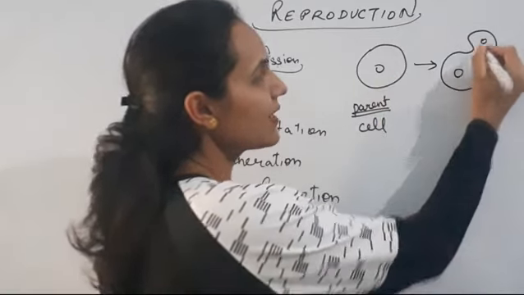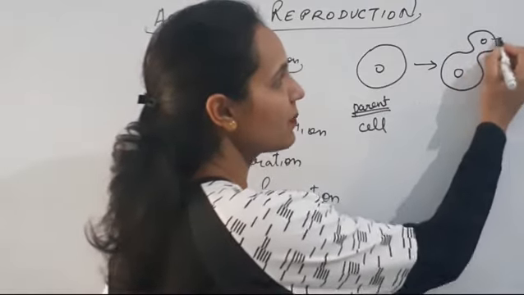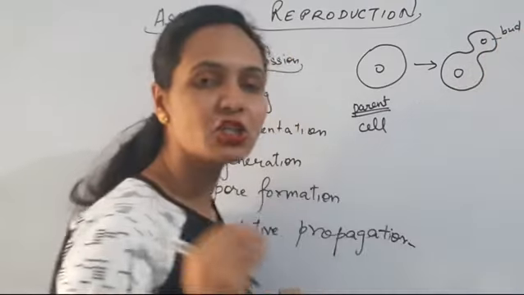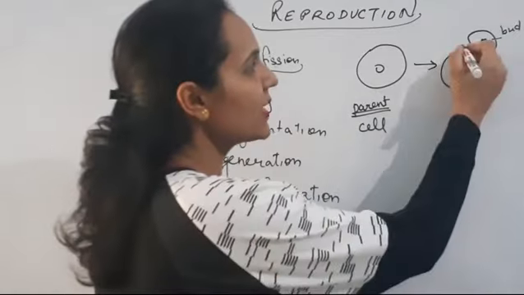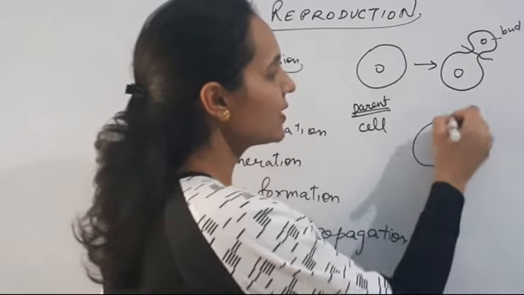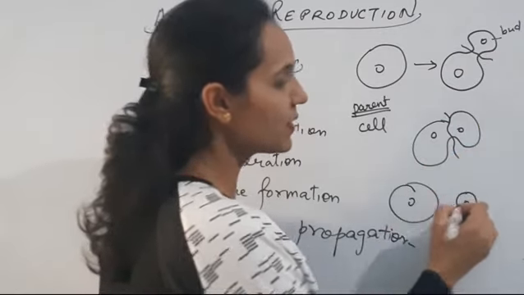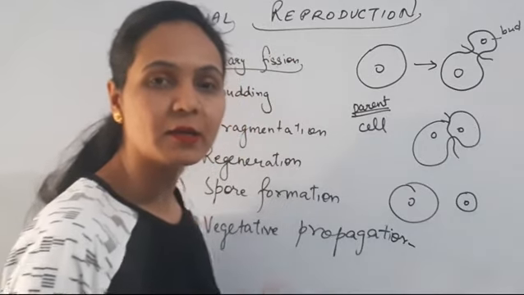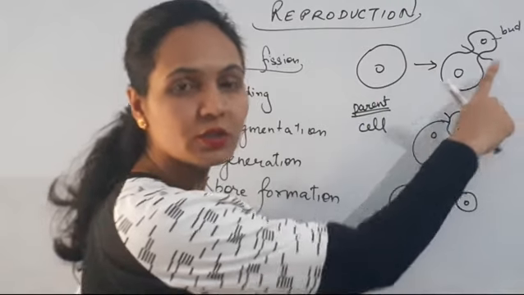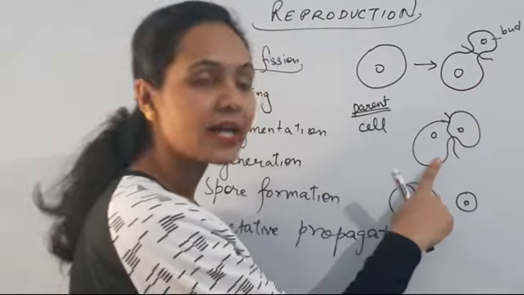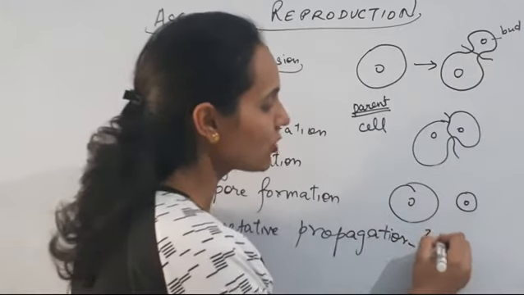The nucleus starts dividing, karyokinesis takes place, so there is a bud formation. What is a bud? A bud is nothing but a small outgrowth which forms on the parent cell. So nuclear division takes place, then cytoplasmic division takes place. So the parent cell separates from the daughter cell. This is known as budding. So the parent cell forms a small outgrowth, nuclear division takes place, cytoplasmic division takes place, and there will be a formation of two daughter cells.